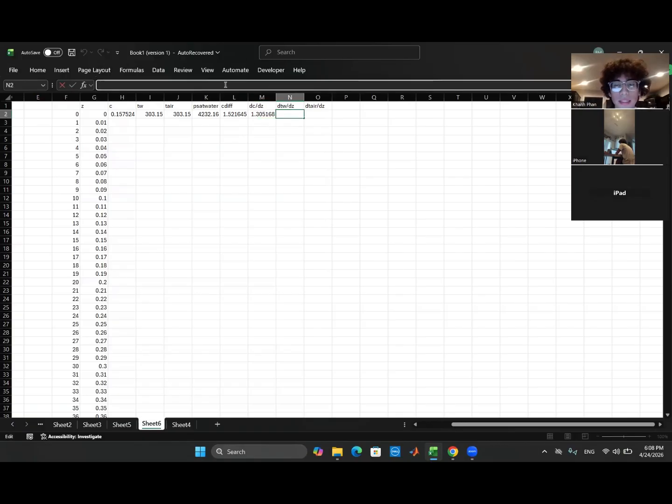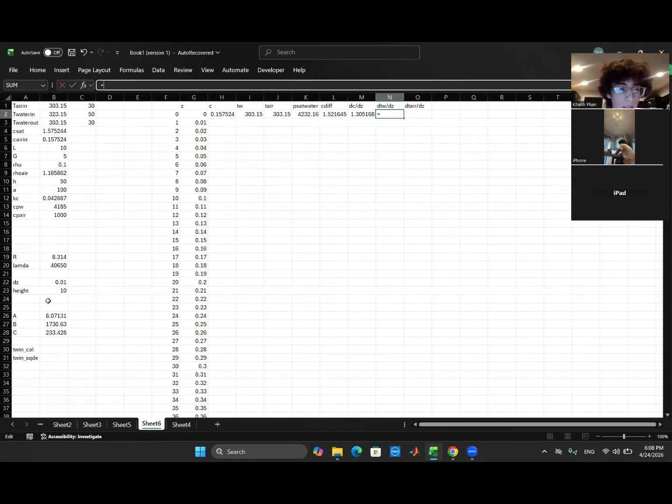And then DT water DZ is equal to, let's see, H times T air minus T water divided by L times heat capacity of water.